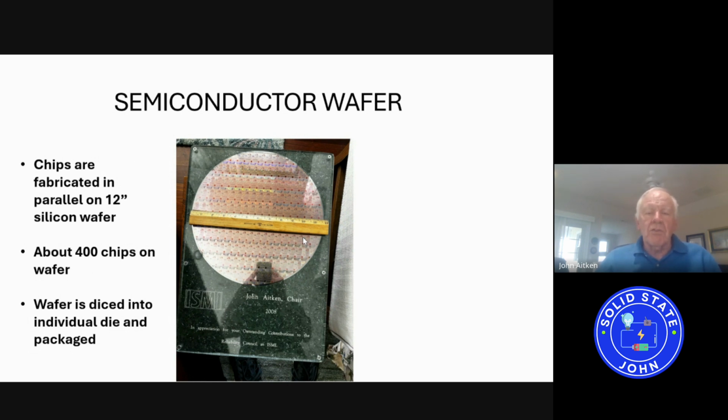Those different colors represent different materials, and chips are fabricated in parallel on a 12-inch silicon wafer. There's about 400 chips on each wafer, and the wafer is diced into individual die and packaged to give you something like I showed you in the picture of the inside of your telephone.